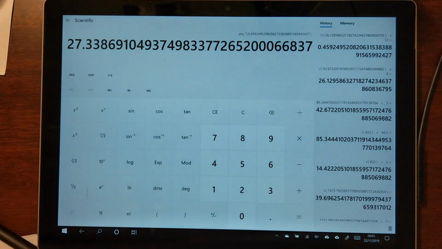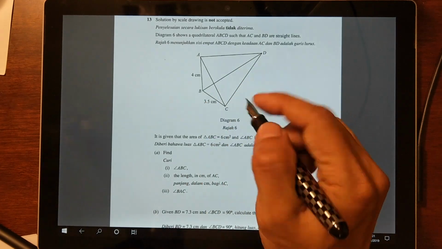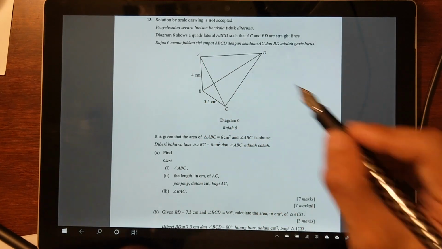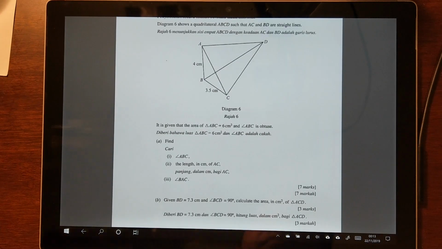Okay, and let's eyeball the diagram. Yeah, that looks like BAC, that looks like it could be 27. That makes a lot of sense. So that's good. So that's section 3 done.